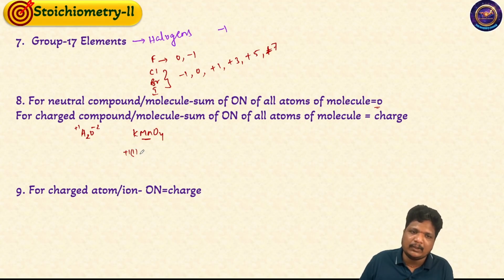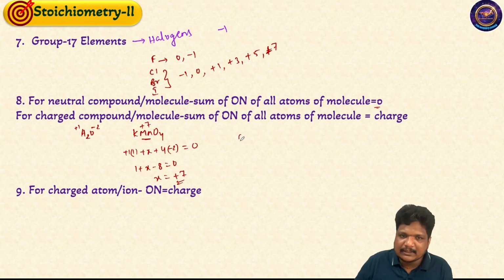So +1 into 1, plus manganese taken as x, plus 4 into each oxygen, which in normal oxides is -2. So 1 plus x minus 8 is equal to 0, so x is equal to +7. This manganese has +7 oxidation state.